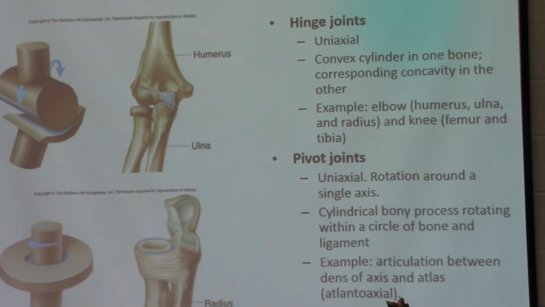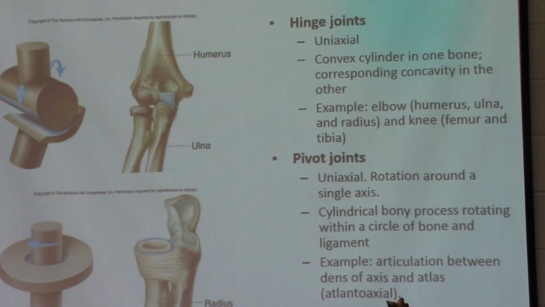So that's the mobility that is given because of these pivot joints. Otherwise, if there was no mobility in the joint between radius and ulna, you would not be able to rotate it. You can actually move the whole thing, or you will not be able to move it.